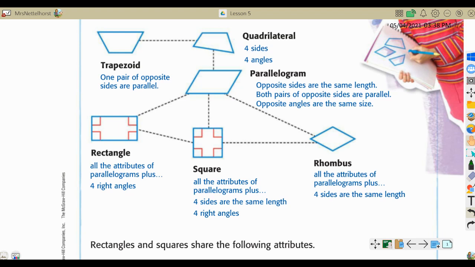A square, all of its sides are equal, but then if you look at a rhombus, all of its sides are equal, but its angles are not 90 degrees. Two angles are more than 90 degrees, and two angles are less than 90 degrees. So they're all related, but they have different things about them, just like people in your family. You may be related to them, but you have different attributes about you.